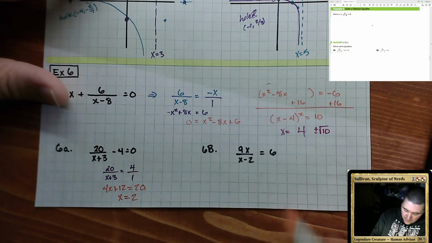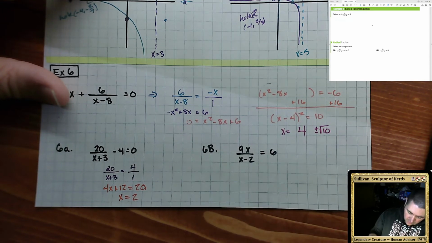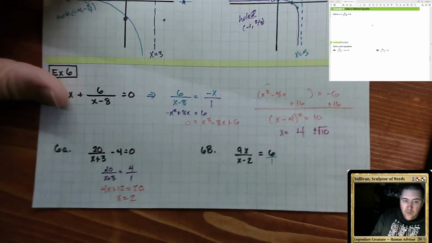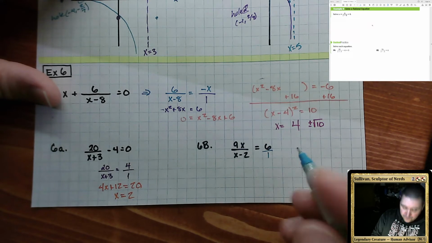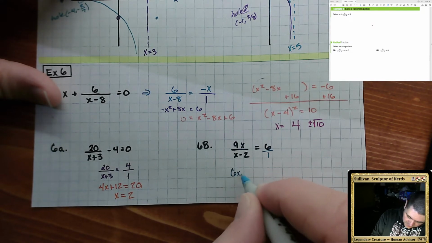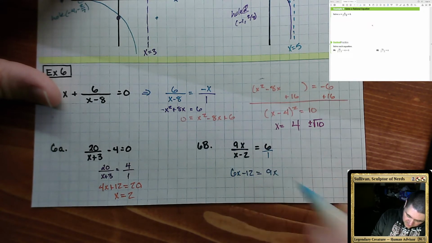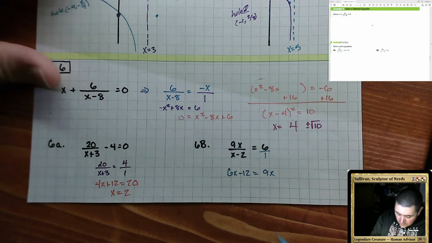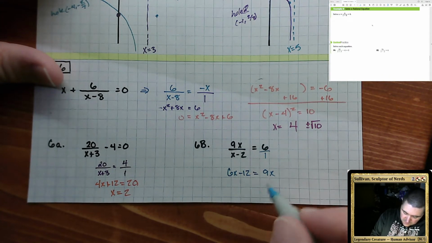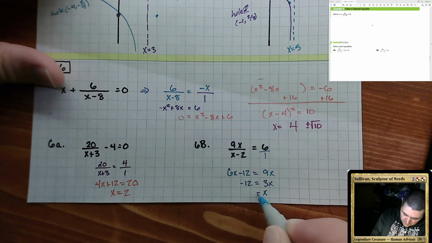Done. For this guy, I'm already set up for my cross multiply. Getting 6x minus 12 is 9x, but this time again, no quadratic. Subtract 6x, divide.